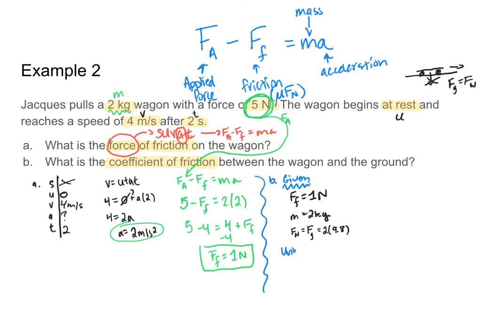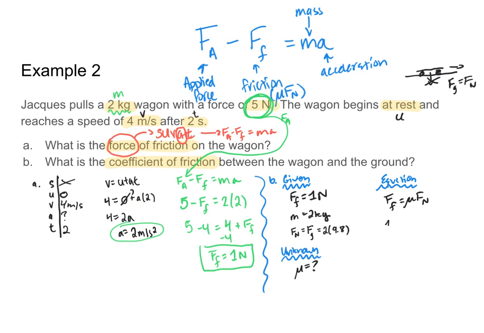My unknown is mu, the coefficient of friction. And so I'm going to use the equation FF equals mu times Fn. The force of friction is equal to mu times the normal force, and use that to solve for mu. So my force of friction is 1.